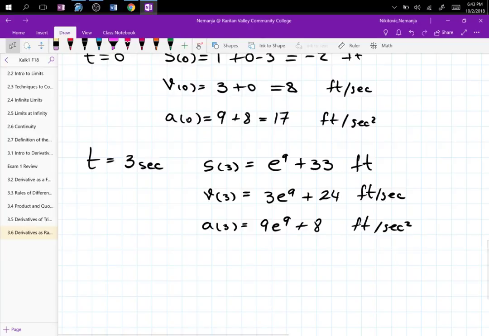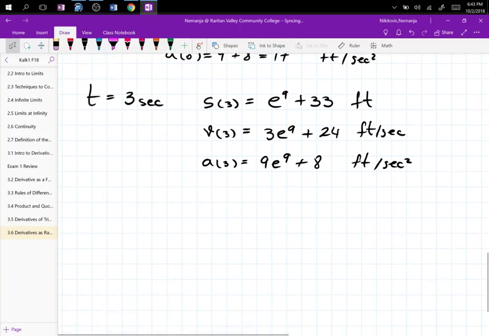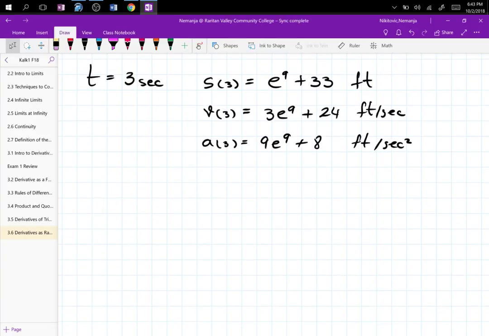Now, the reason we do this is obviously to be able to track the objects, right, as they progress or fly or whatever it is. You can trace the motion using this. The application here would be one of the original things that Newton did, and that would be parabolic motion.